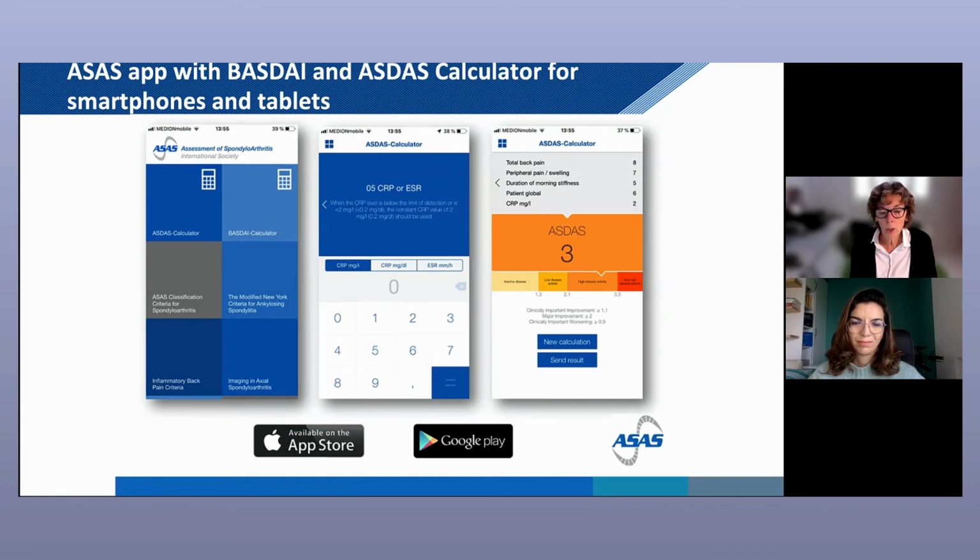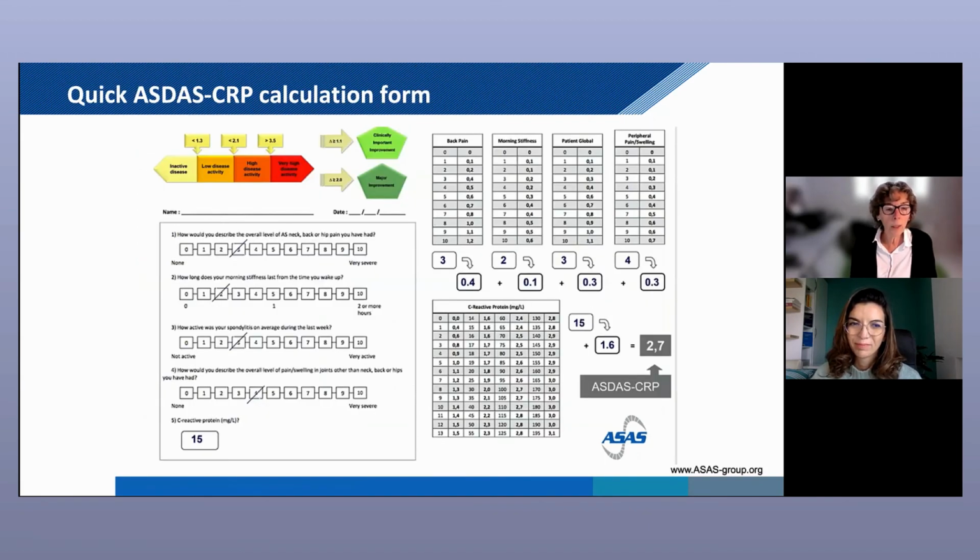You know in which category it is, and also if it's improvement, then you can also see how much the improvement was, if it's clinically relevant or a major improvement. And if you don't have a phone or another tablet to calculate, you can always do it on paper and have this paper form, which makes it very easy to calculate.